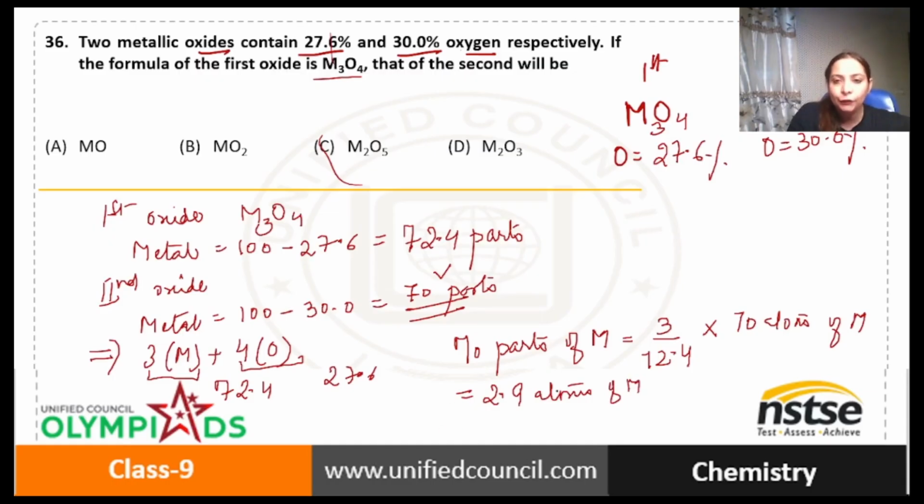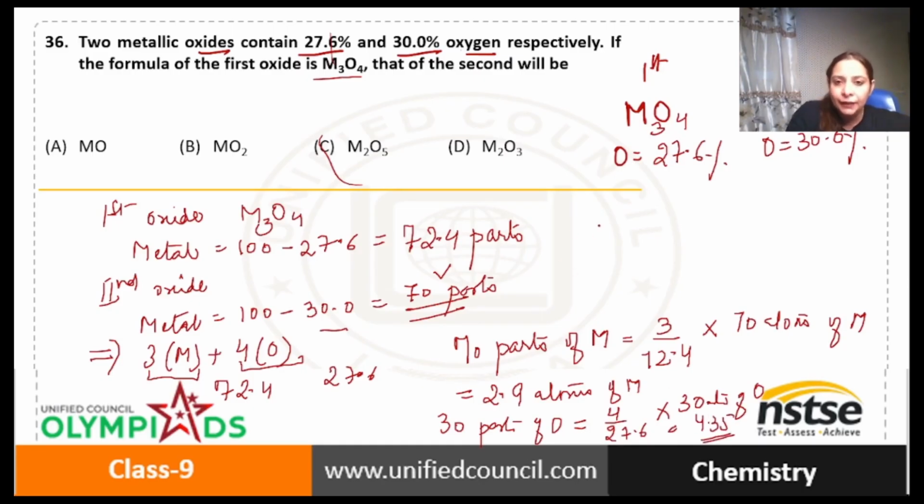Same we can find for oxygen. So how many parts? 30 parts. We can find in the same way that 30 parts of O would be equal to how many atoms? 4 by 27.6 into 30 atoms of O for the second oxide. So it comes out to be 4.3 atoms.